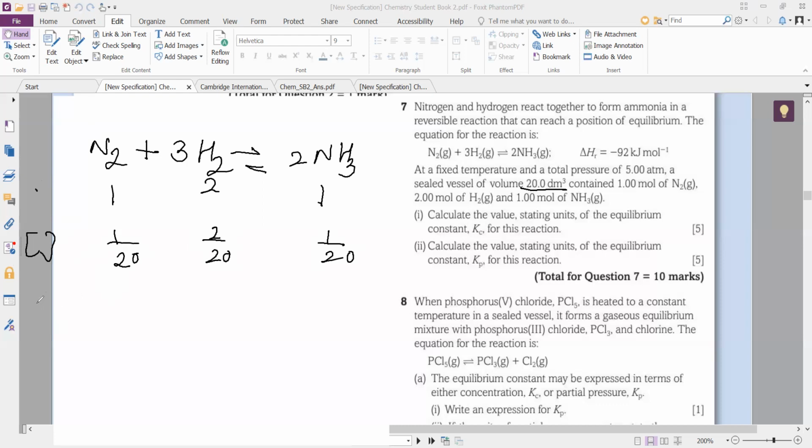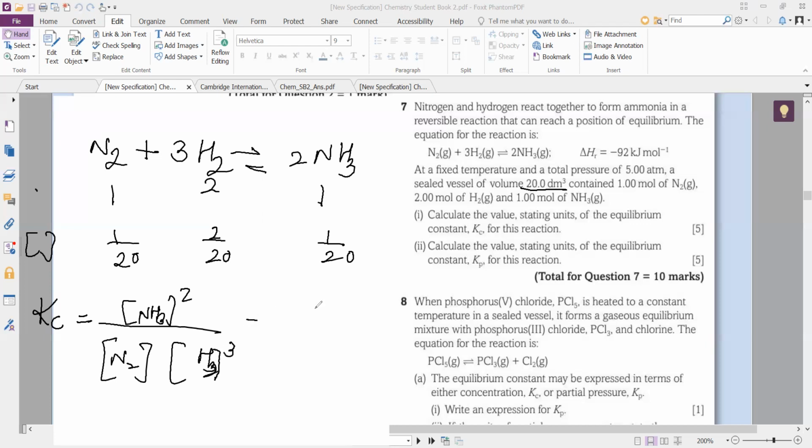So we have to write the Kc. 1 mark for writing the Kc expression. NH3 squared divided by N2 and H2 to the power 3, and you can simply substitute the values.